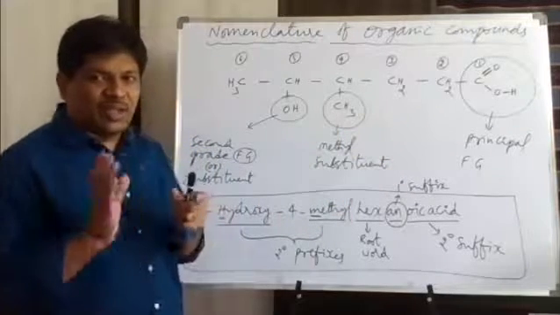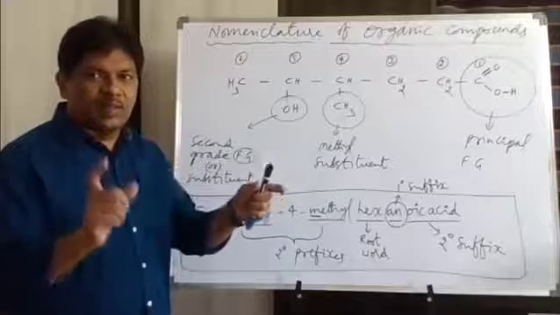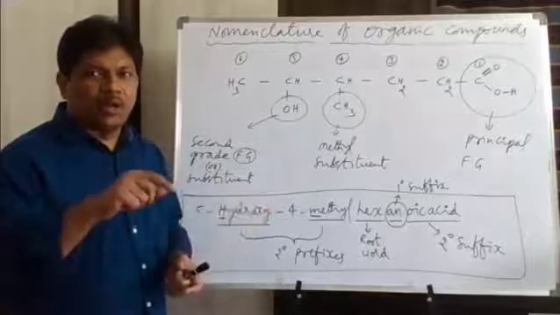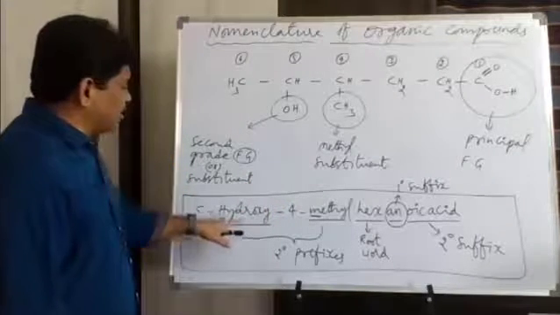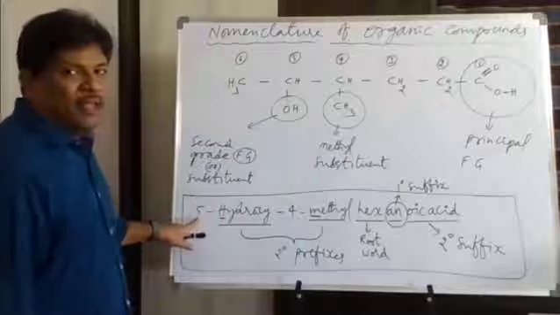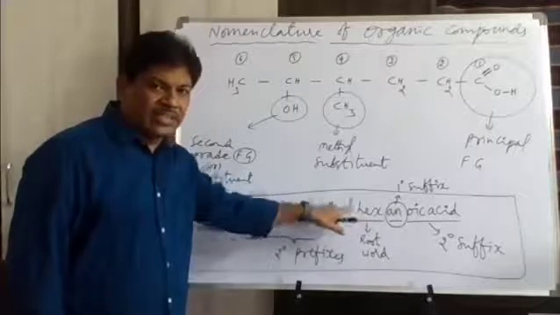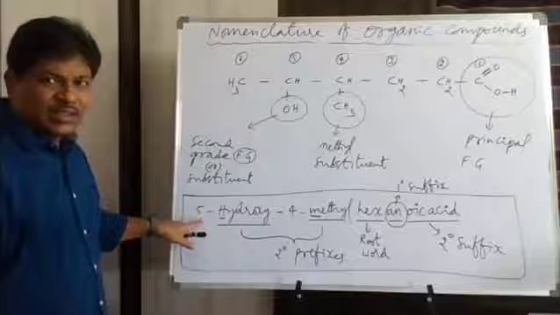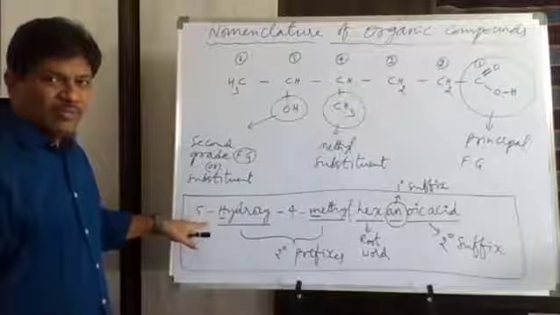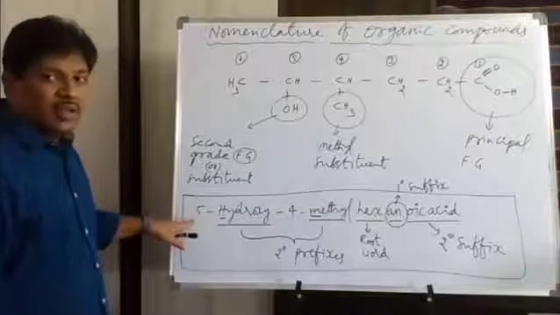The difference between number and numerical is what? If number is there, like 1 comma 1, 2 comma 2, here 5 hydroxy is there. 5 is the number here. And this 5 is before the root word hex. That's why it is prefix or suffix? Prefix. Which prefix is it? Number prefix.